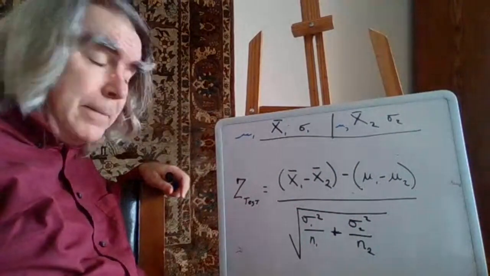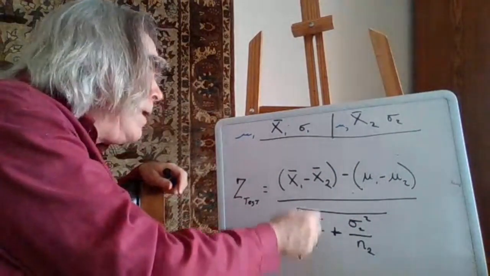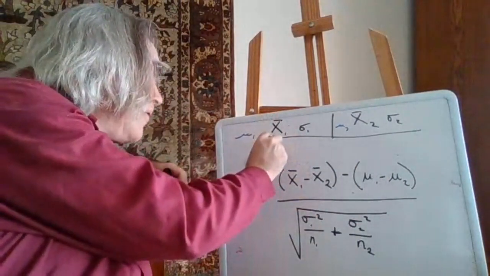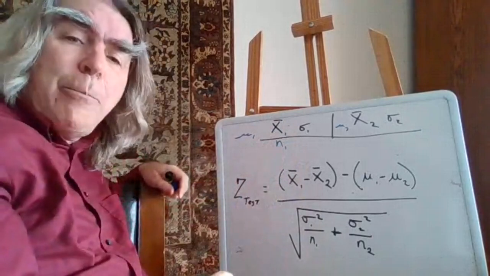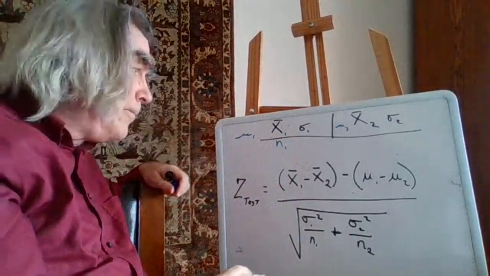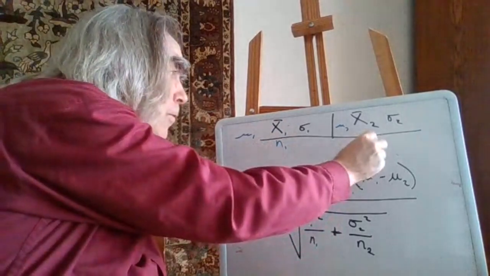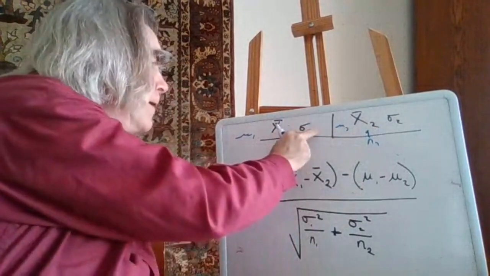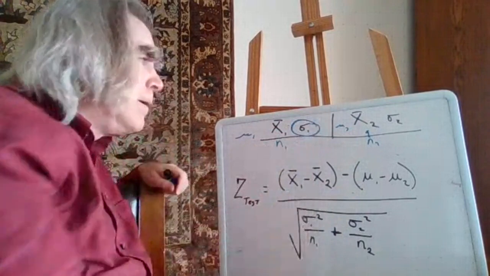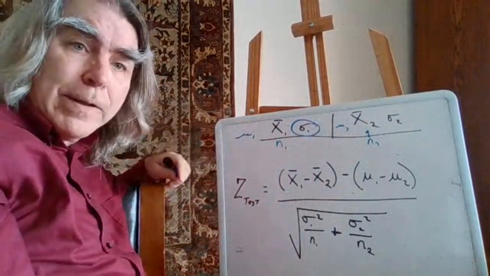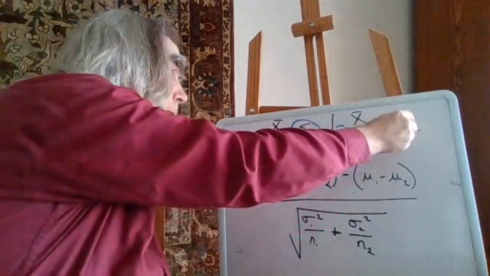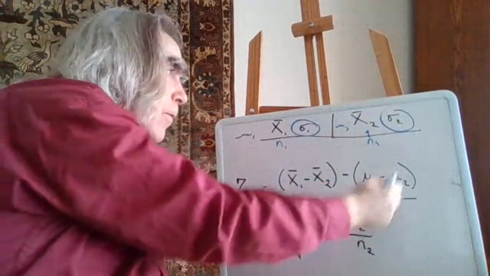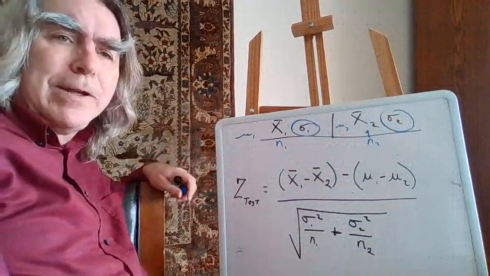It's just a little bit messy, right? N1 corresponds to this first sample. It is how big that sample was. N2 corresponded to this. Sigma 1 corresponded to the sigma for the first population. Sigma 2 corresponded to that population.